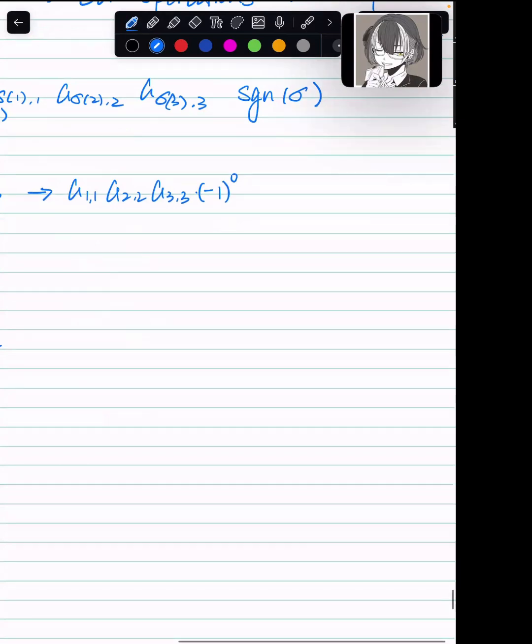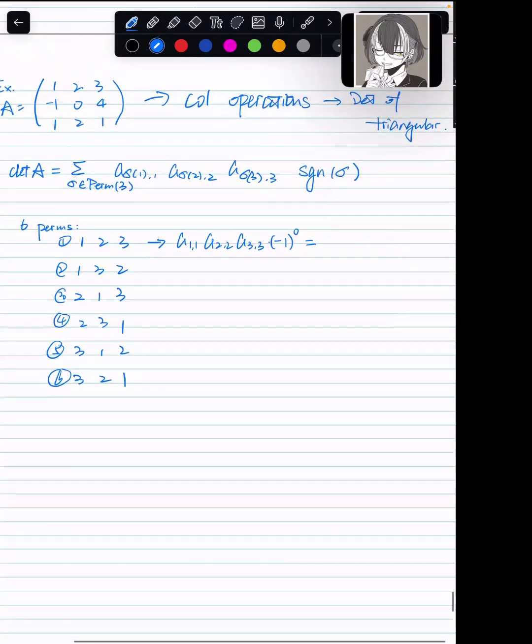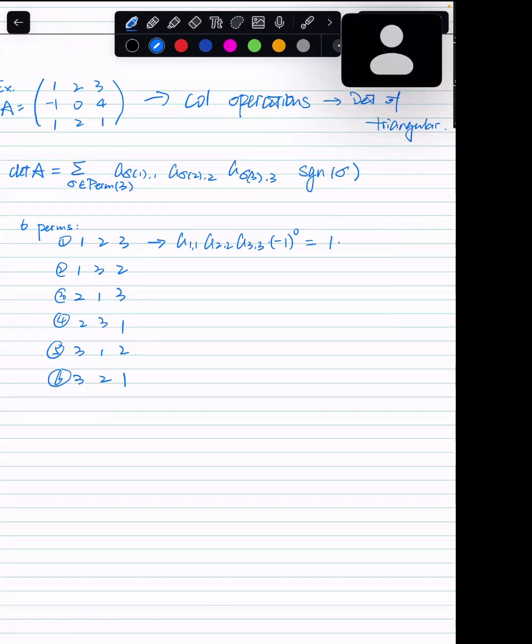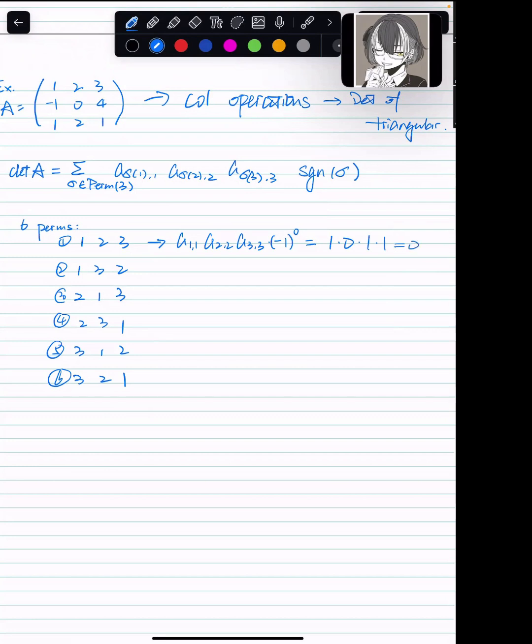All right. Now this would be equal to A11 is 1, A22 is 0, A33 is 1 multiplied by 1. So we have 0 for the first case.